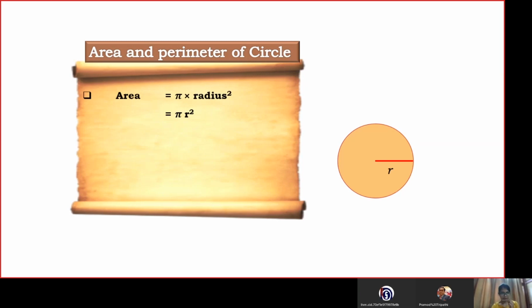Fine. Moving on. The perimeter of a circle is also called its circumference. And the circumference of a circle is given by the formula 2 pi r, where again the value of pi remains as 22 by 7 or 3.14.